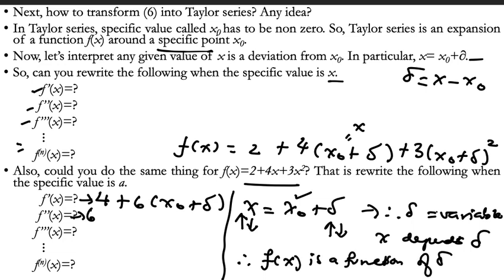So let's name it g(delta). Now, recall the original function f(x) is this one. So this f(x) here is a function of delta if we allow it to have differences in terms of delta.